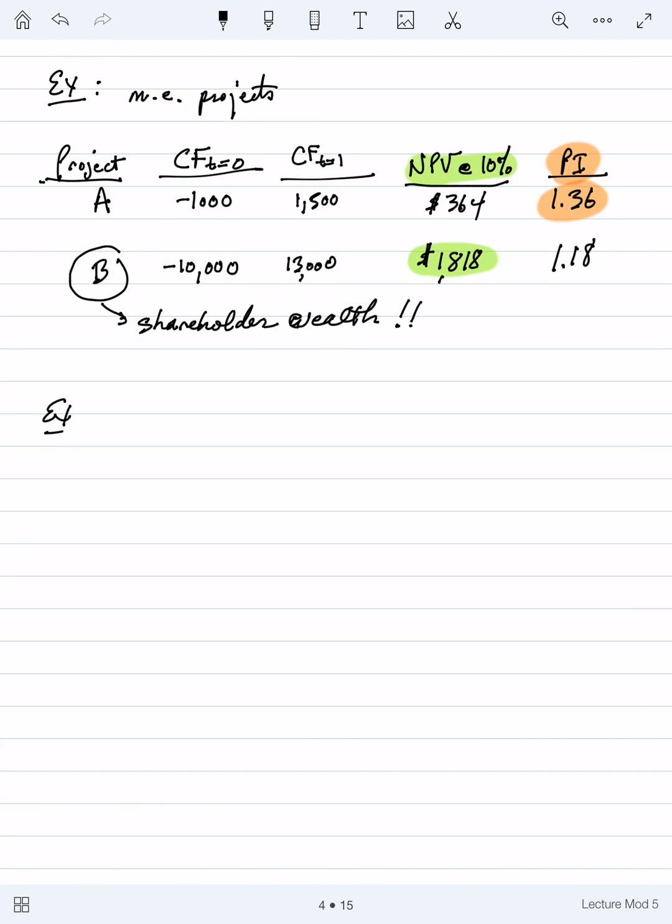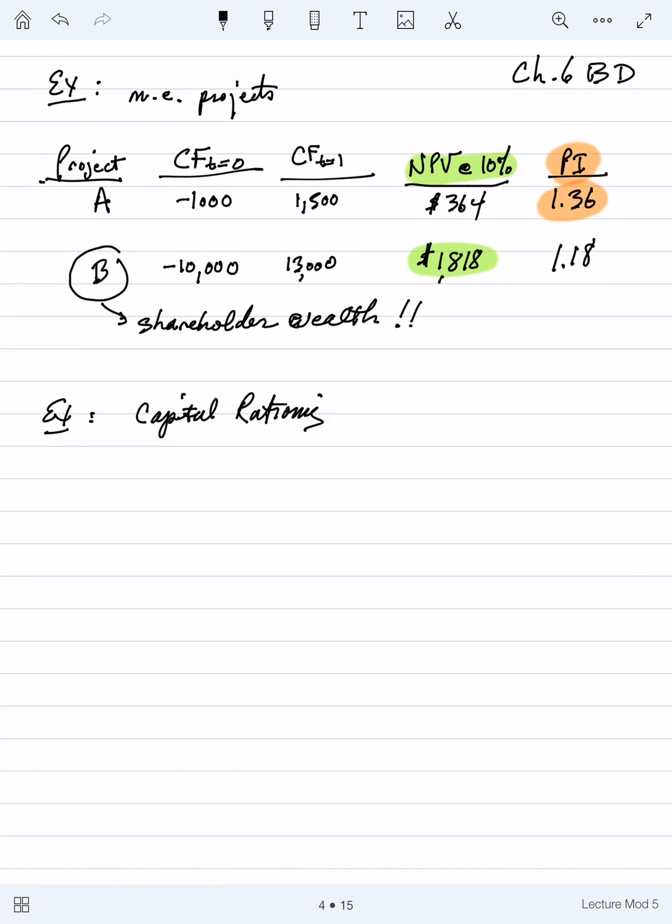Let's do another example. Let's do one under capital rationing. Now, here's a point where we'll mention that the B and D book, this is all chapter 6 in Berk and DeMarzo. Berk and DeMarzo, I think, make a mistake.